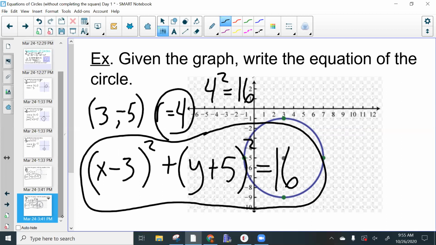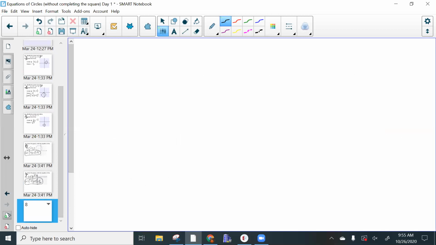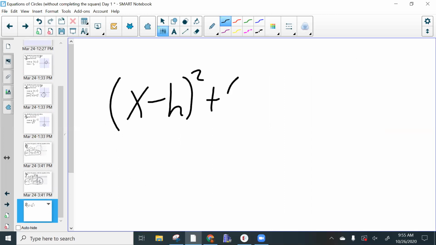All right, guys, and that is our last example. But just a recap, can someone tell me the equation for a circle real quick? Yep, x minus h squared. Yeah, perfect.